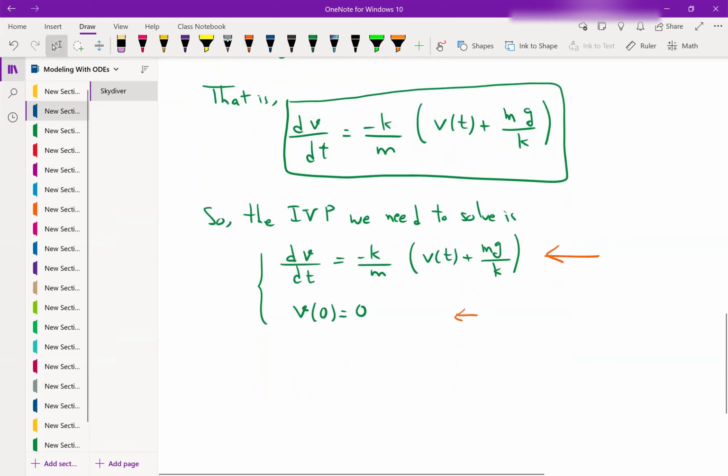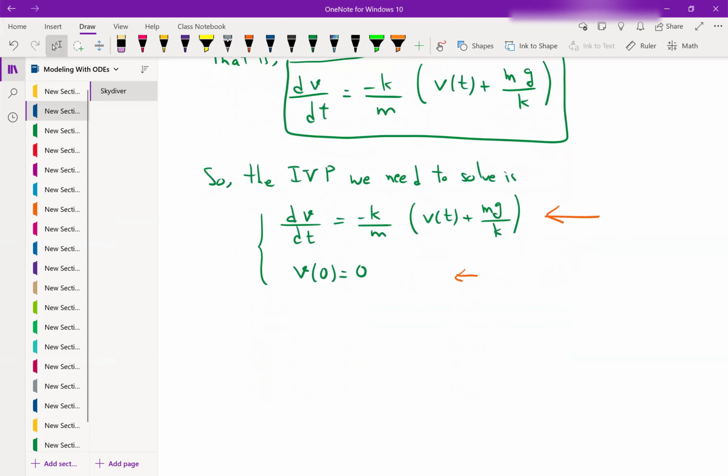I'm going to do exactly that in order to solve this problem. For this example, I'm actually going to solve our differential equation together with the initial condition, which is more than the purpose of the videos here. The purpose of the videos is mostly about coming up with the differential equation that describes the phenomenon under consideration.